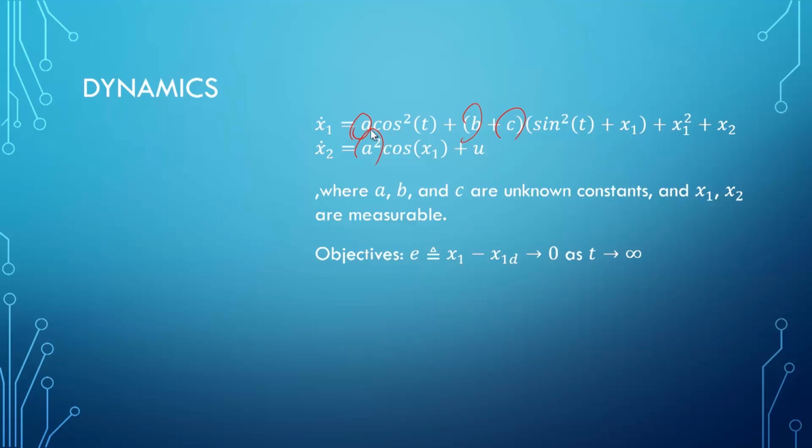and this part is also a bit tricky, but that's fine. You need to design this, right? Usually we design this as gamma y r, okay, some constant times the regression matrix and the tracking error, right?